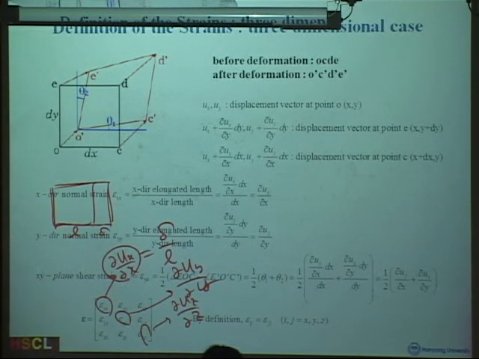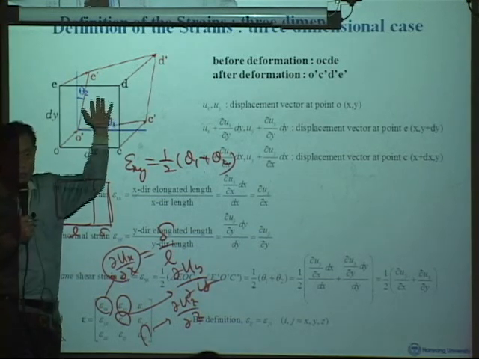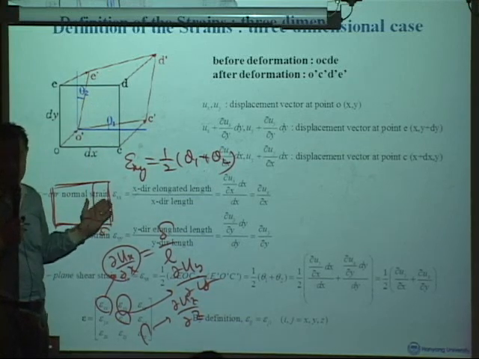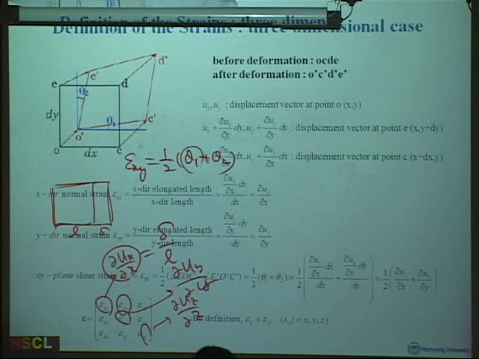And how about the shear terms? Well, as defined here, epsilon xy is the average of the angles theta 1 and theta 2. That is the shear strain. And shear strain is always related to a change of angles, not lengths. Right? So what is theta 1?